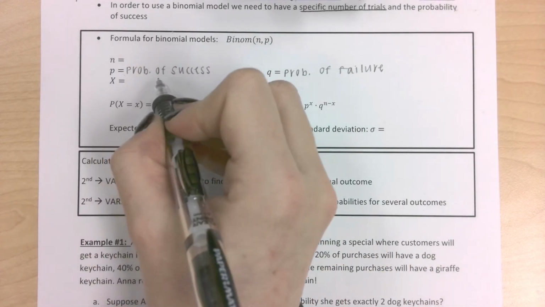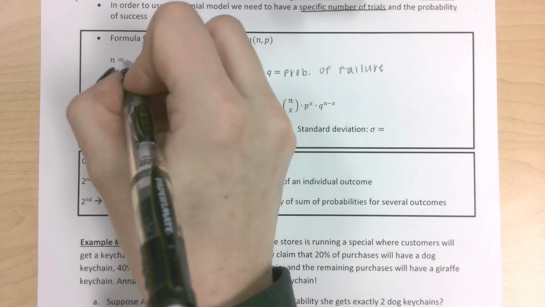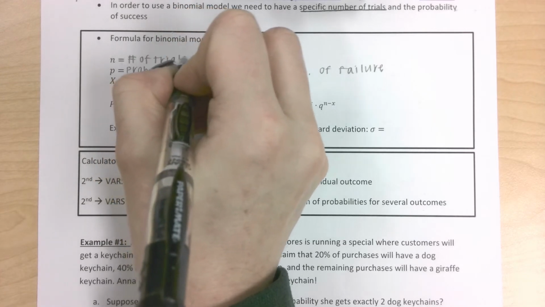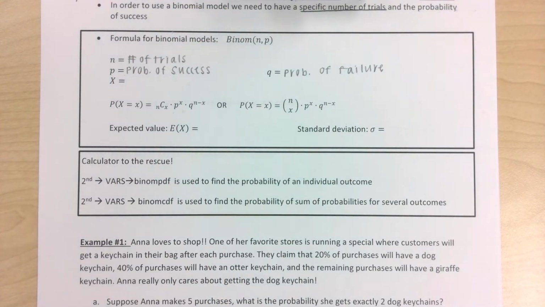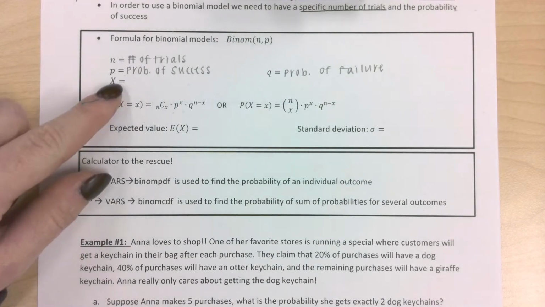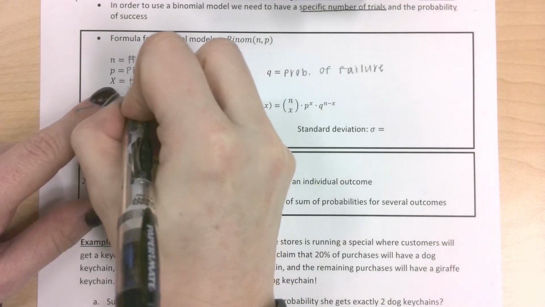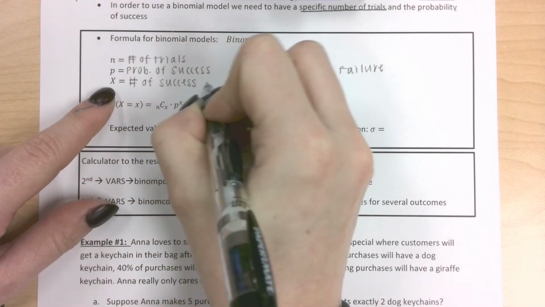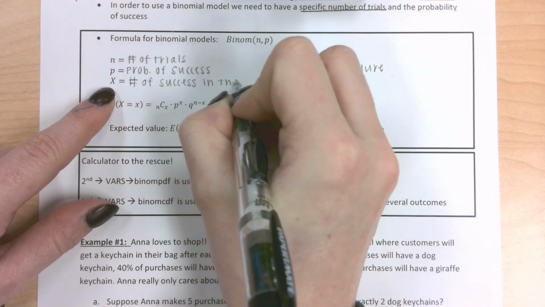Okay, N in this case is a new variable. N is going to represent the number of trials. So that's how many attempts they get. And X is now going to represent the number of successes in the given trials.